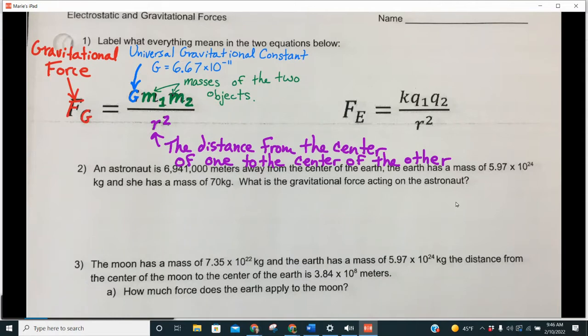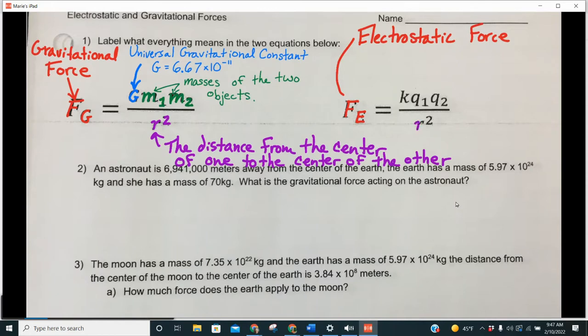And now I'm going to compare it to this one. So this one is electrostatic force. One thing I would like you to notice is just how similar these two equations are.